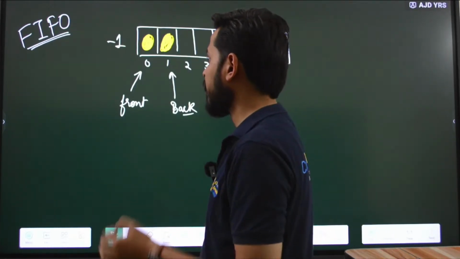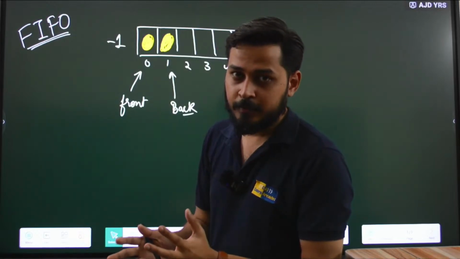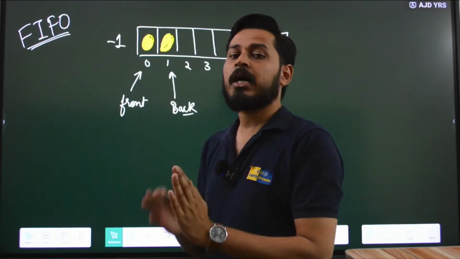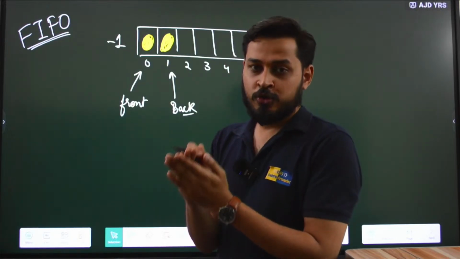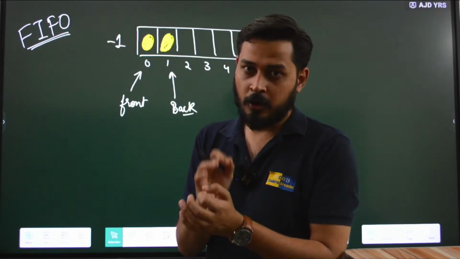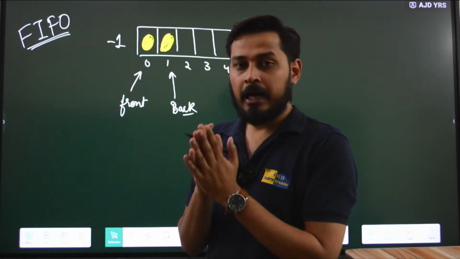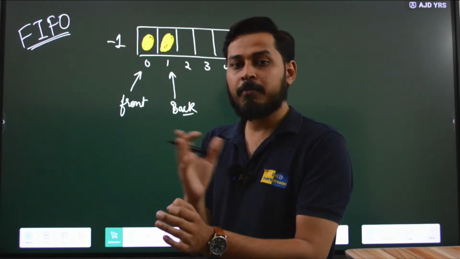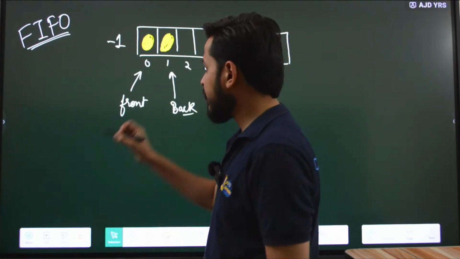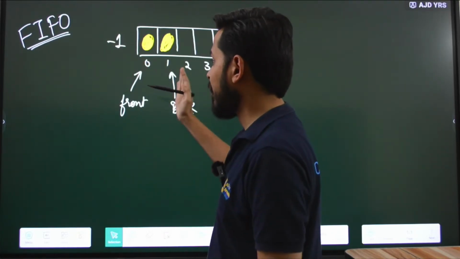Are you getting my point? The idea here is that we are moving back plus plus, so that I can do the push or enqueue in the queues, and if I want to do pop or delete, I will say front plus plus again. So basically front plus plus is deleting the element.